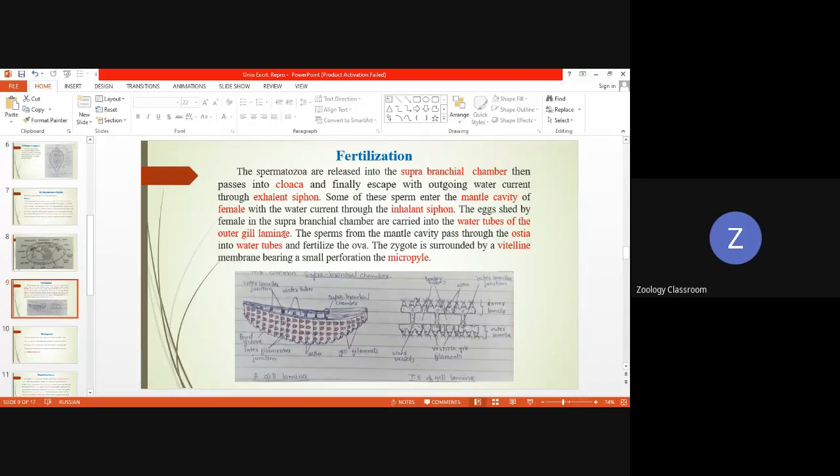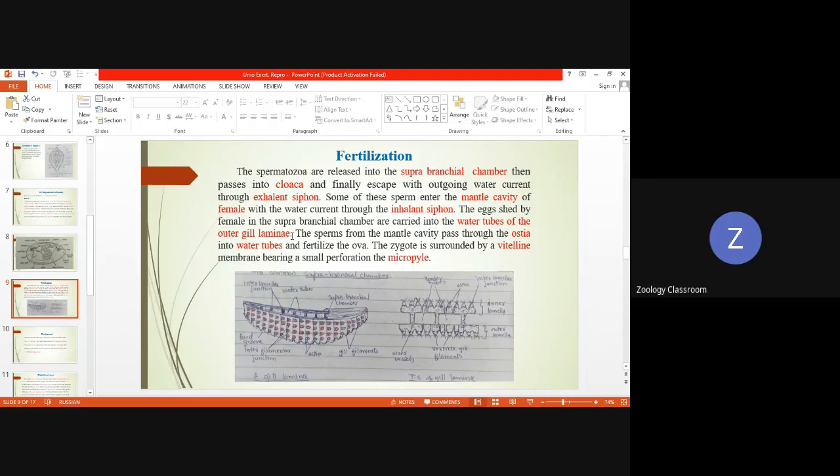Now see here, which gill lamina is it? The outer gill lamina, on both sides, where the ova are deposited. They are deposited in the outer gill lamina of the respective side.